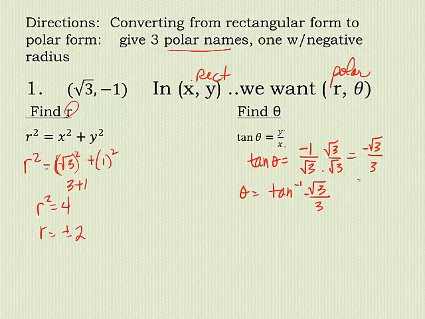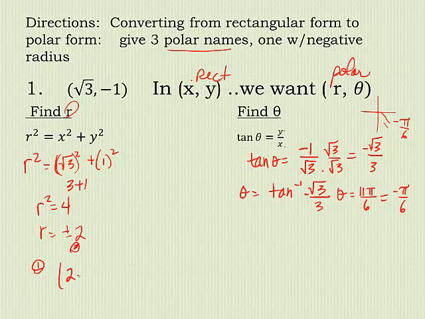Where is the tangent negative? It's down in quadrant 4, and it's a pi over 6 angle, so that angle is 11 pi over 6. But remember when we do inverse tangent, we don't call it by that name in quadrant 4, we would call it negative pi over 6. That'll make our numbers better as we go along.